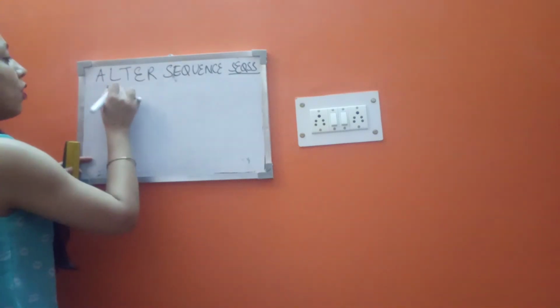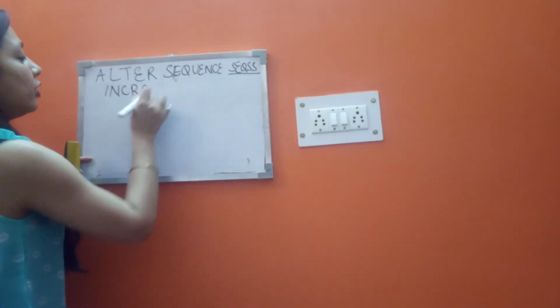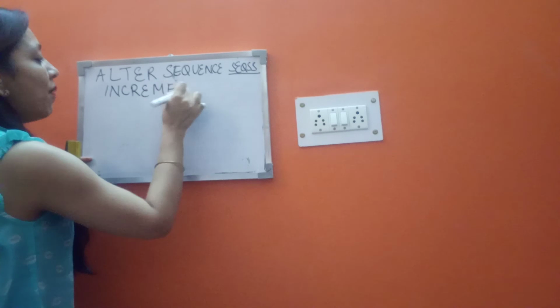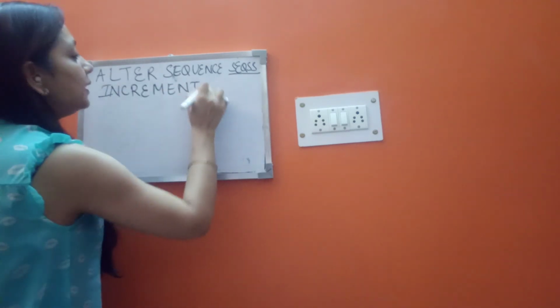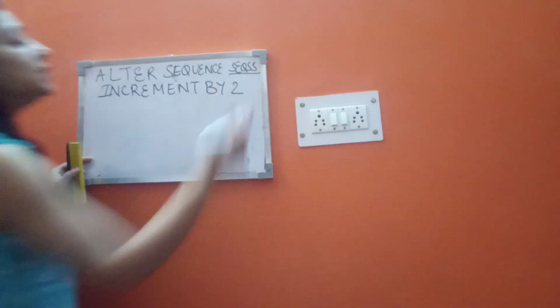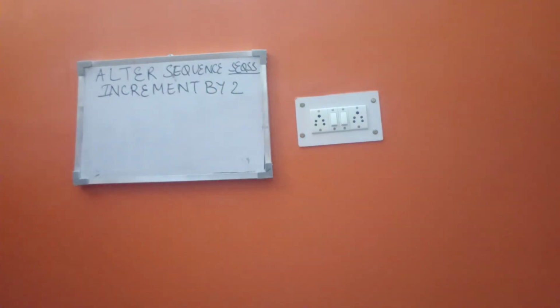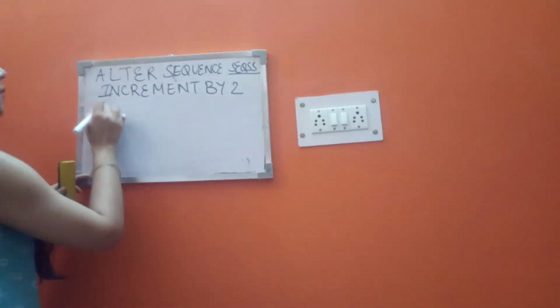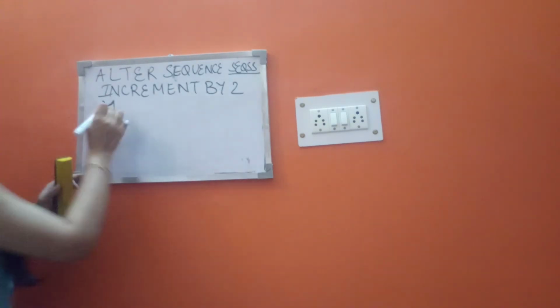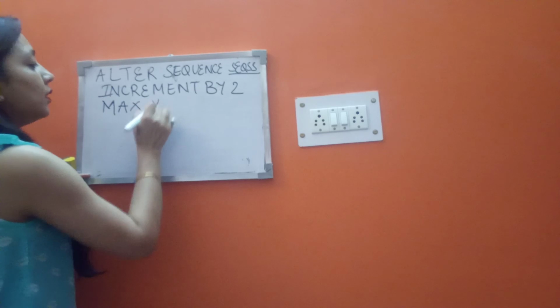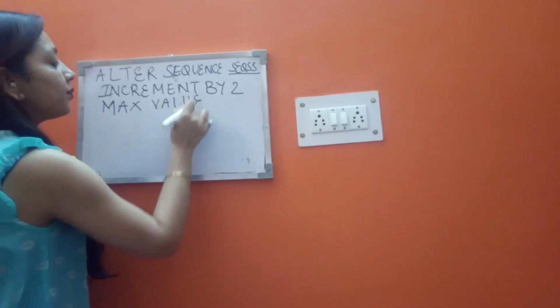Now what alterations or changes do I want to make in that? Now I want that the sequence should not be incremented by 1 but by 2. So I will say increment by 2 instead of incrementing by 1. And earlier my max value was 2000. Now I want the max value to be updated to 3000.